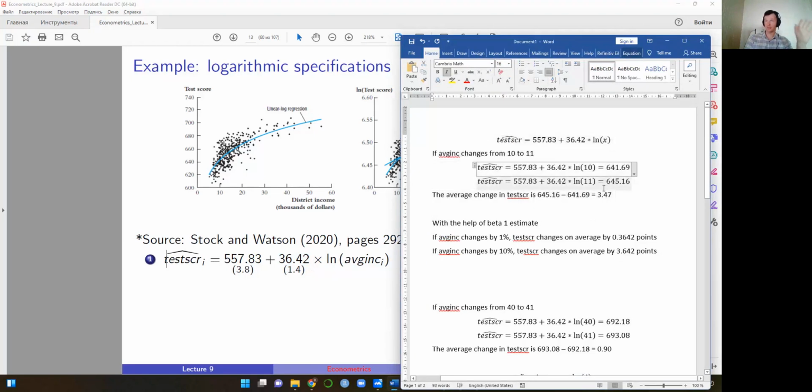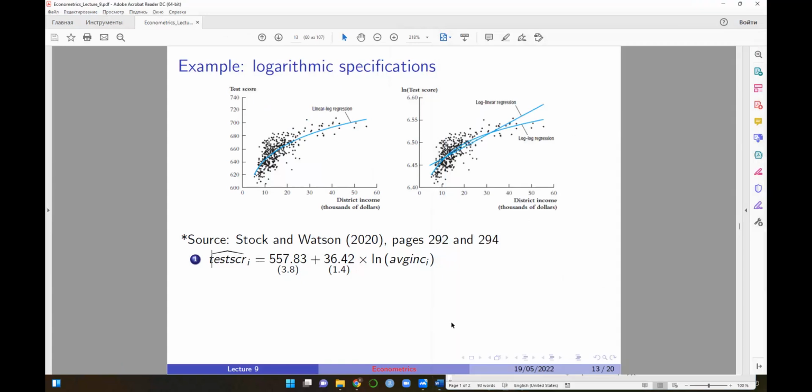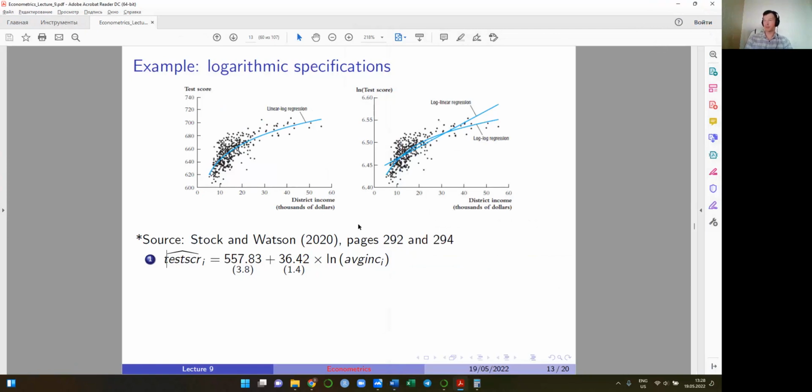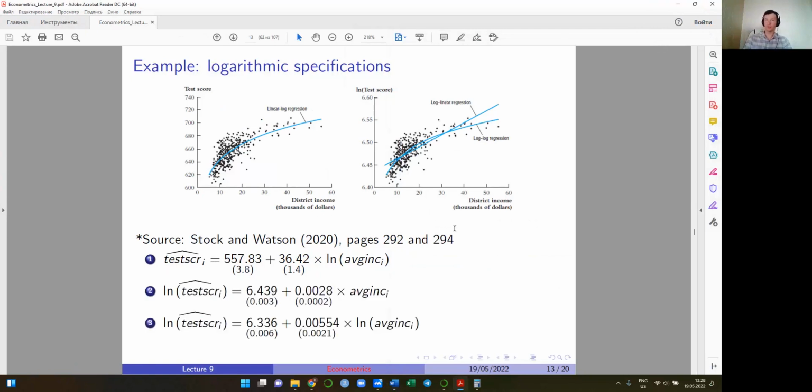If you calculate this directly, everything is okay. If you calculate this using the interpretation of beta, this is going to give you a large discrepancy between the exact change and your estimated change. Well, we need to move on. Think about this, and if it's still not clear, we can discuss this tomorrow in the exercise session.